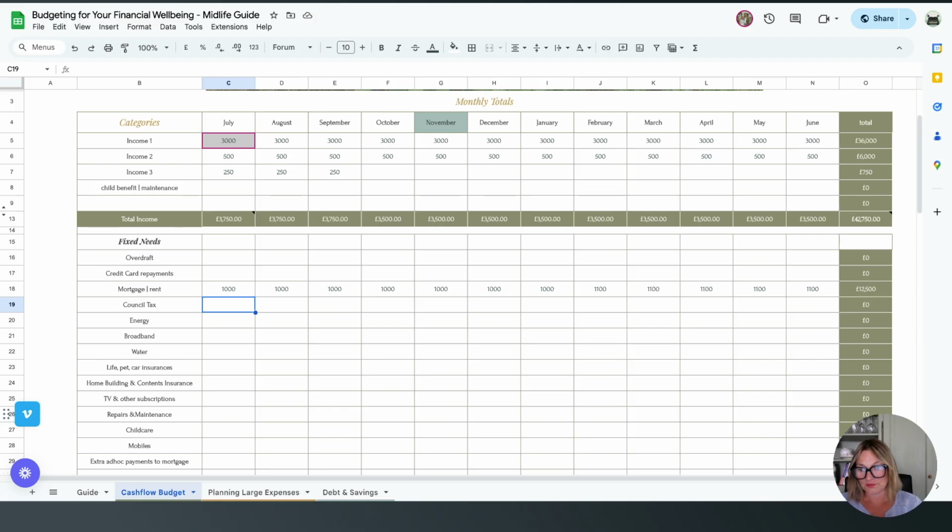Okay, council tax, pop that in there. Note, some people pay completely in one go when it's due, but if you pay in instalments, you will also need to note February and March, because you don't pay anything.